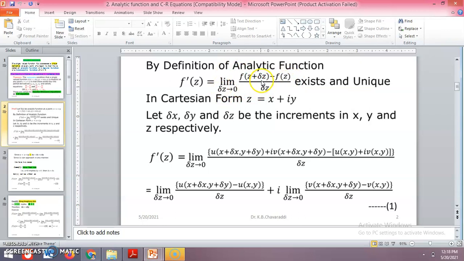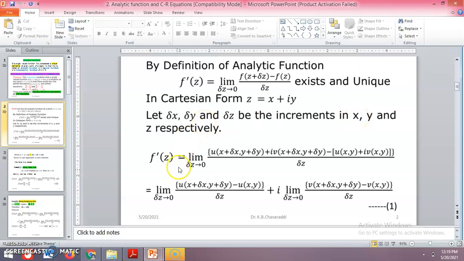If that function is analytic, the derivative exists, so you take the definition of the derivative. That derivative exists and it is unique. In the Cartesian form you take z equal to x plus iy, and you can replace it in this derivative, and let delta x, delta y and delta z be the increments in x, y and z respectively.